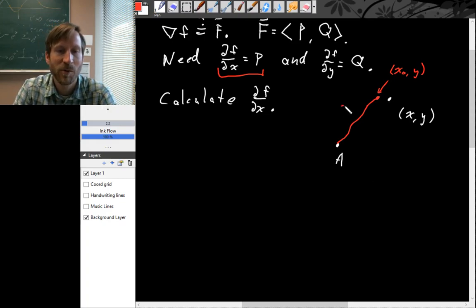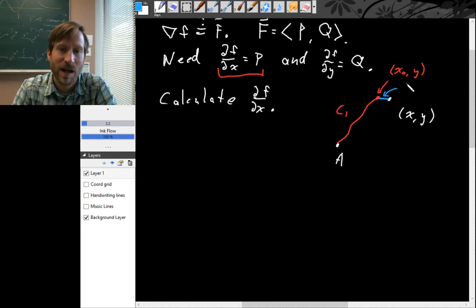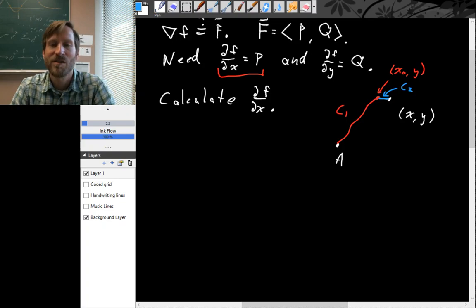This part of the curve I'm going to call C1. The second part of the curve from A to x comma y is going to be this line segment that moves entirely horizontally. So this little line segment just goes to the right. And this line segment we're going to call C2.